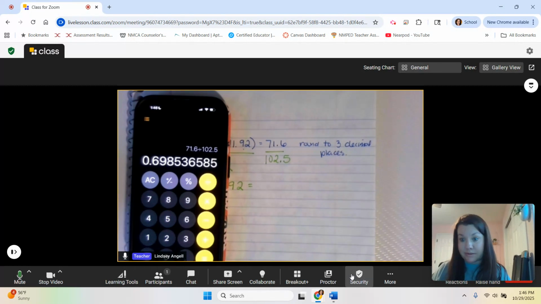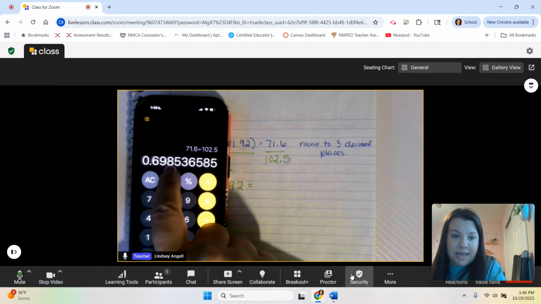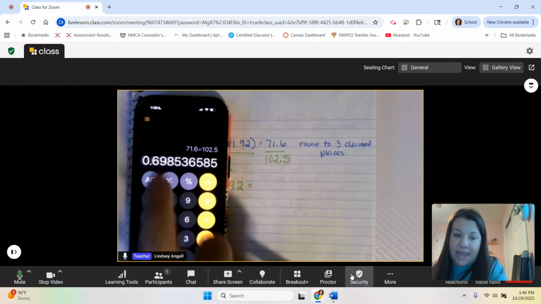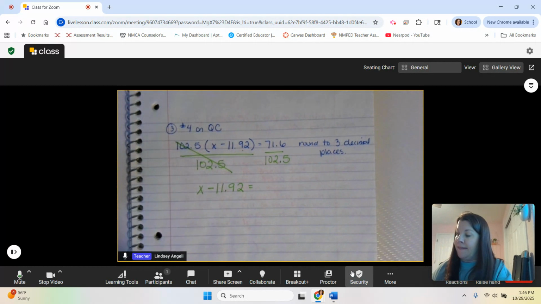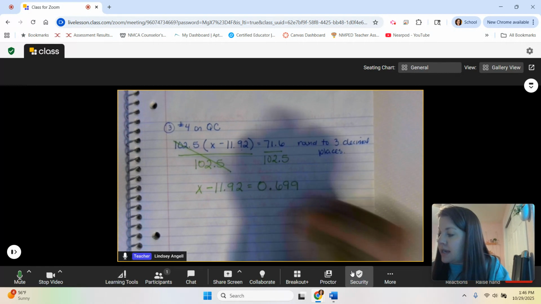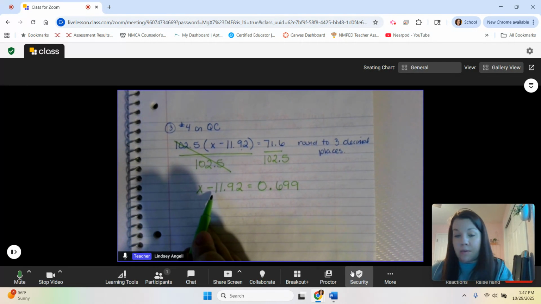That's why we're rounding to the nearest 3 decimal places, right? So to do that, that's where the 8 is. The 8 is in 3 decimal places over, or in the thousandths place. So to round, we're going to look to the right of it. There's a 5 there, right? So that means the 8 gets bumped up 1, giving us 699 thousandths.